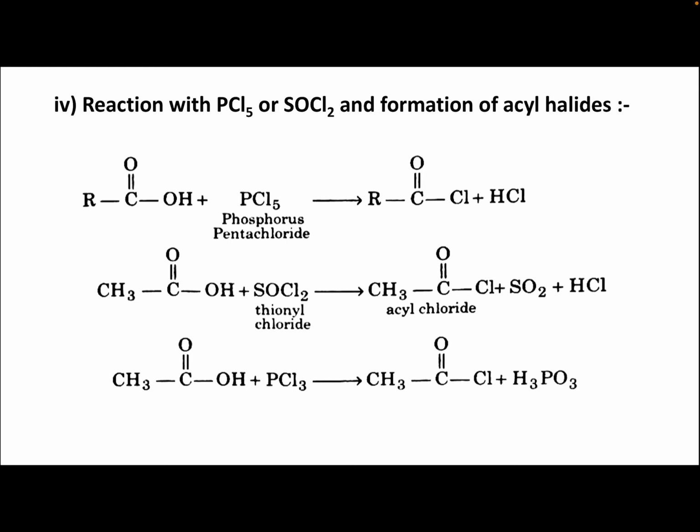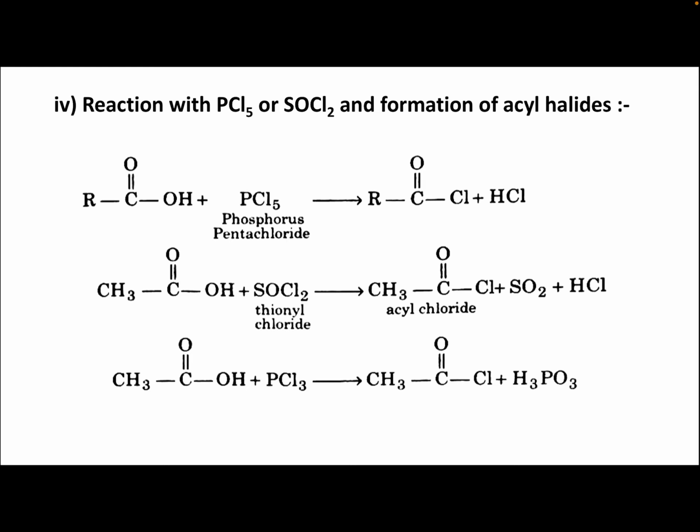Next, reaction with PCl5 or SOCl2 and formation of acyl derivative. PCl5 is phosphorus pentachloride, SOCl2 is thionyl chloride. RCOOH plus PCl5 gives RCOCl, which is acyl chloride, plus HCl.